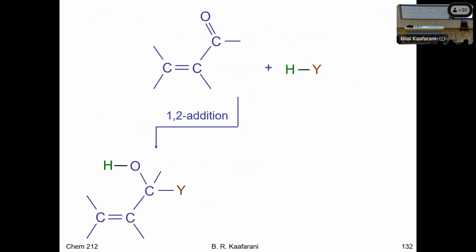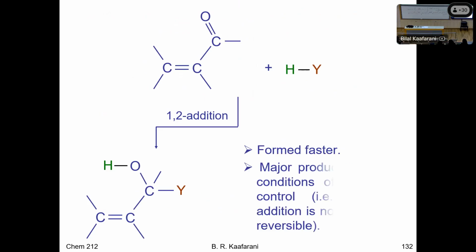So 1,2 addition versus 1,4 addition. A 1,2 addition with HY or Y minus first and then H3O plus second. You have the Y attack the carbon of the carbonyl and the oxygen will be protonated. That will be formed faster, and that will be your major product under the kinetic conditions, whenever your addition is not reversible.